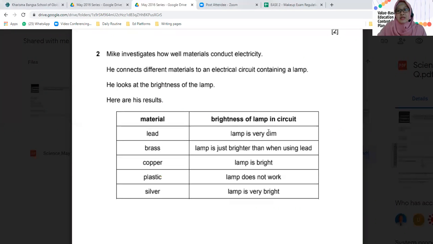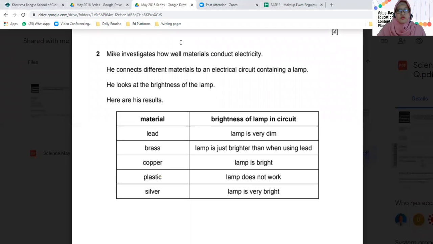The lamp is still on, but it's very dim. When he uses brass, the lamp is just brighter than when using lead. When he uses copper, the lamp is bright. When he uses plastic, the lamp doesn't work at all. When he uses silver, the lamp is very bright.